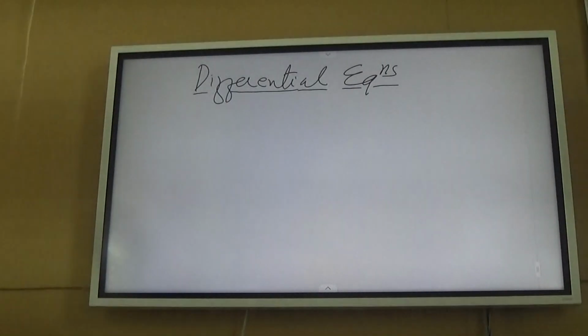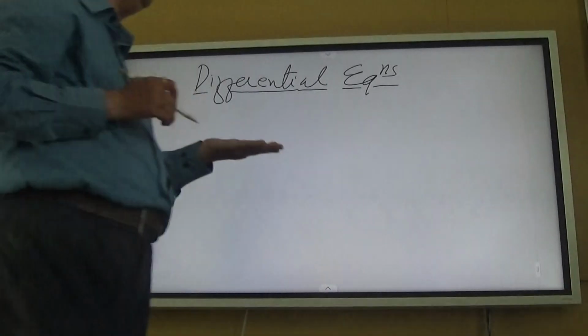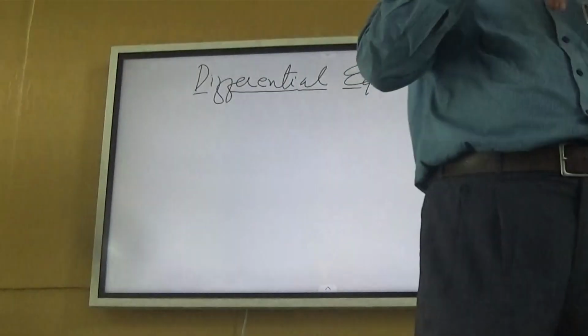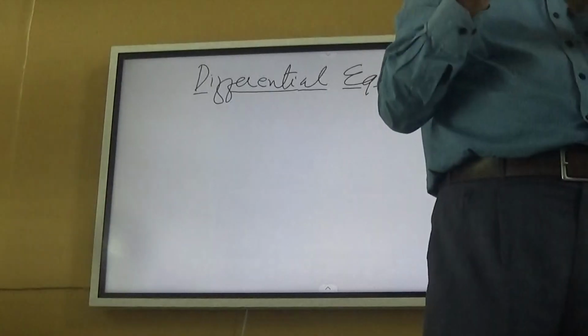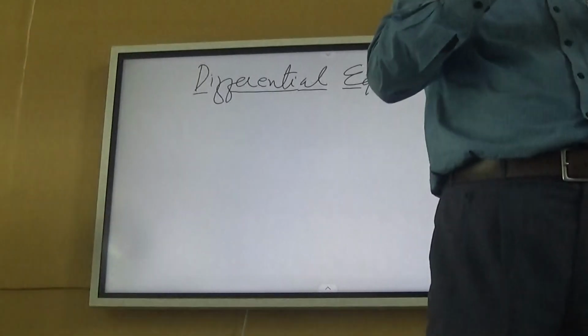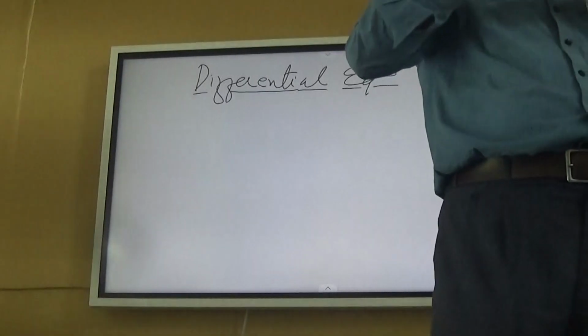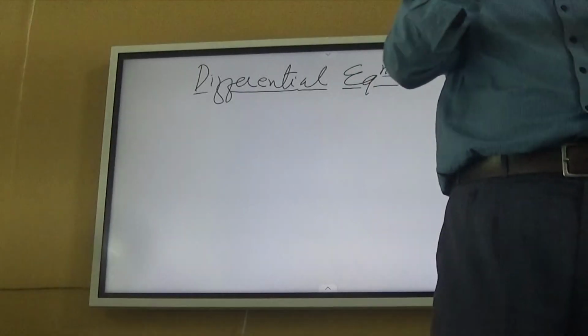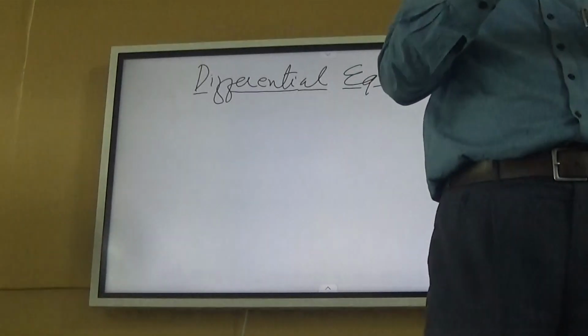Now, a differential equation must contain one variable at least. It can contain two. One dependent variable must be there. The independent variable is t. So something should be d/dt of something.